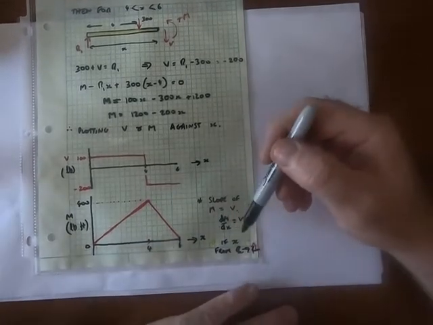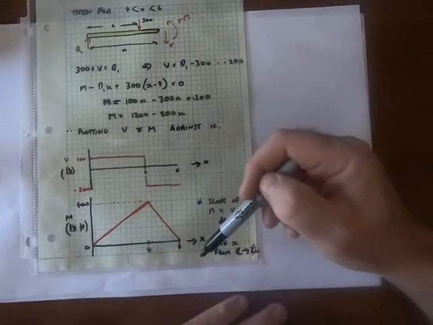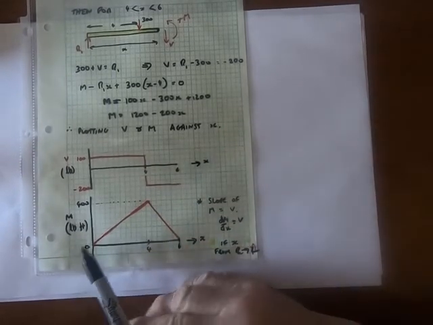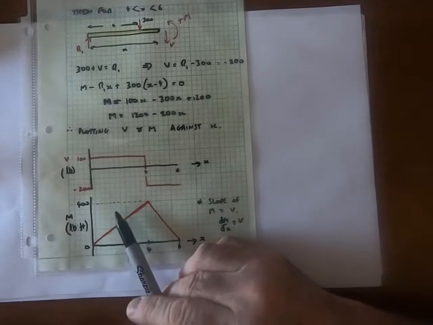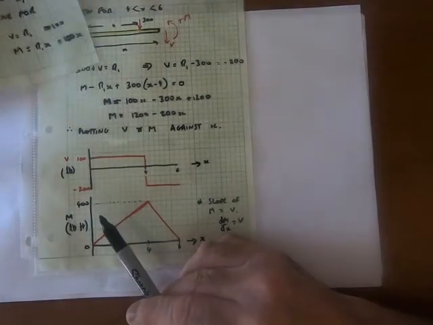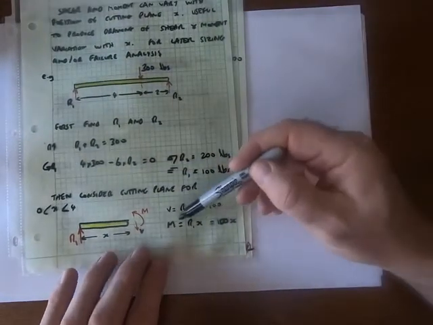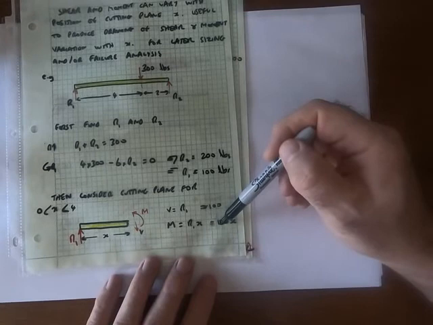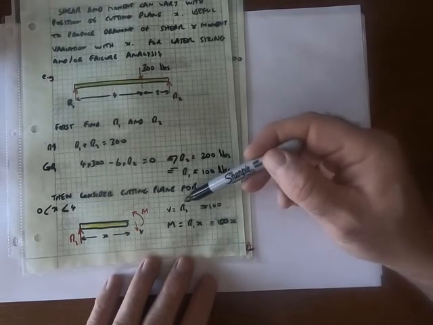Other things to note is that the slope of this moment curve equals the shear force. So if I look at the gradient of this curve, if I differentiate the first equation, going back from my first solution here, M is 100x. If I differentiate that with respect to x, 100x gives me 100, which is the shear force.